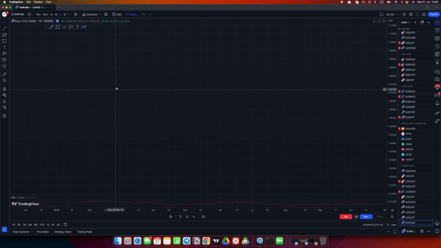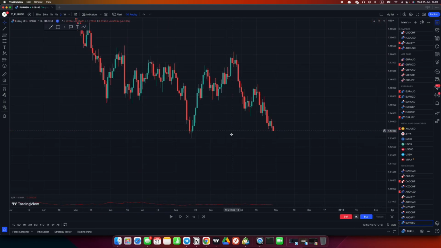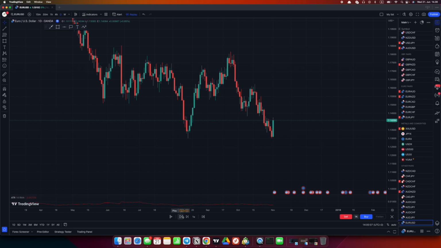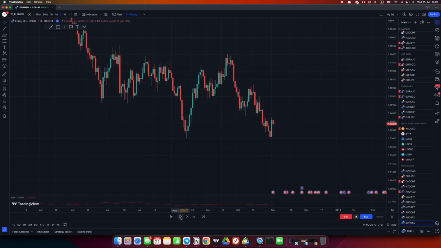Once you click, every bar from the point you clicked on will disappear, and then you can start backtesting. You can control the movement of the charts with the control buttons you will find at the bottom of the charts, and you can either play and pause where it moves candle by candle, or you can have it on pause and manually push the forward button where it gives you the next candle.